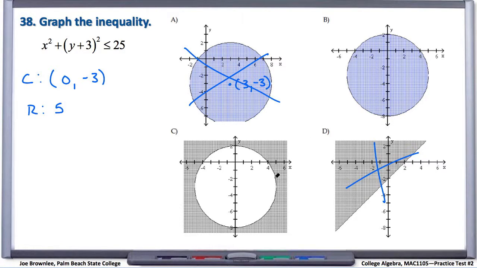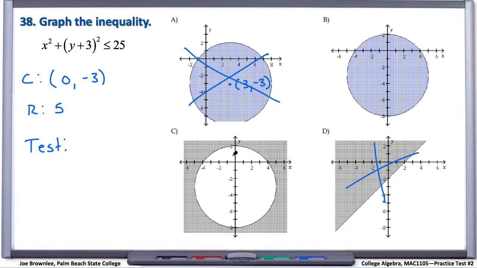The only difference between graphs B and C is the shading, right? In graph B we've shaded inside, in graph C we've shaded outside, so let's see which is the correct graph. And in order to determine where we're going to shade, we need to choose a test point. And recall, you can choose any point that you want so long as the point doesn't lie on the graph itself.